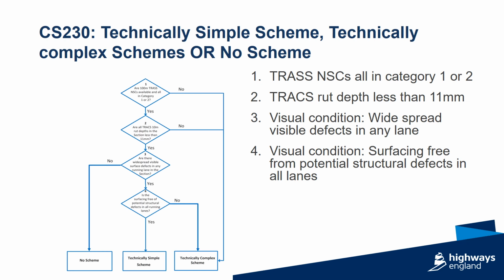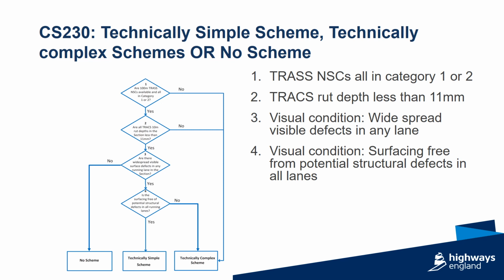The standard establishes the procedure to determine if no pavement maintenance scheme exists, or if the length is one requiring a simple assessment process, or one that is technically more complex. When the length identified is a technically simple maintenance scheme, it will follow a simplified assessment and development process. These technically simple pavement maintenance schemes shall be at least 500 metres long.